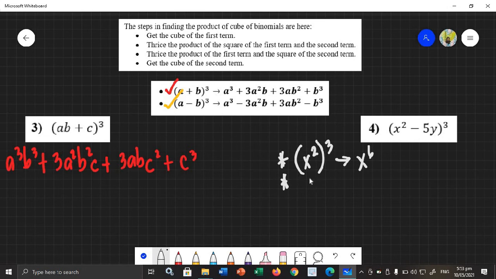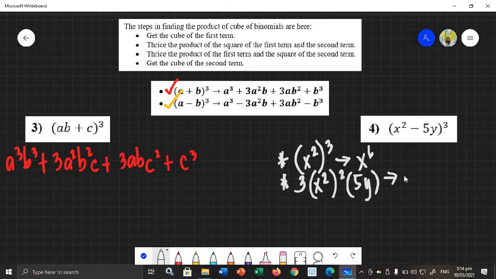And then we need to get thrice the square of the first term. So the first term is x squared, we will square it. And the second term is 5y. So let us simplify first quantity x squared raised to the second power.